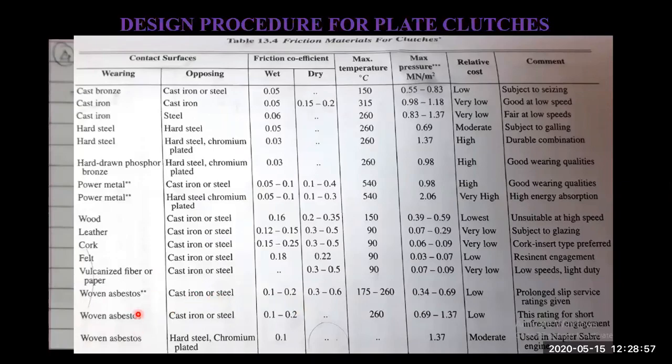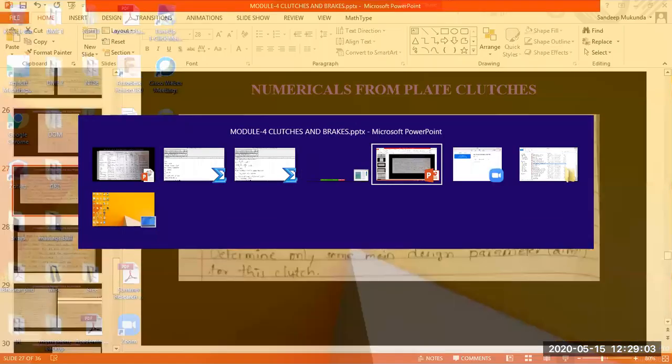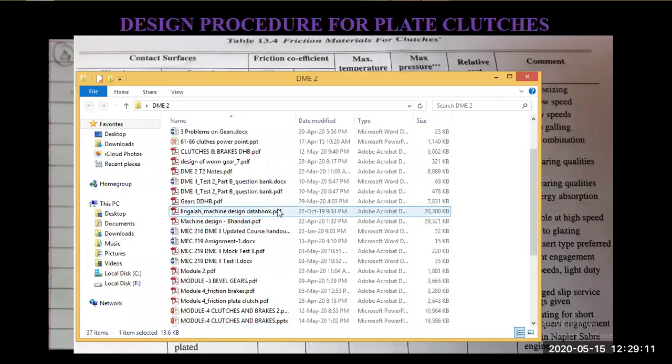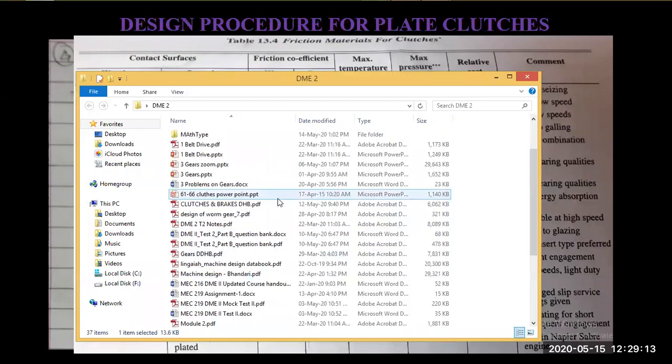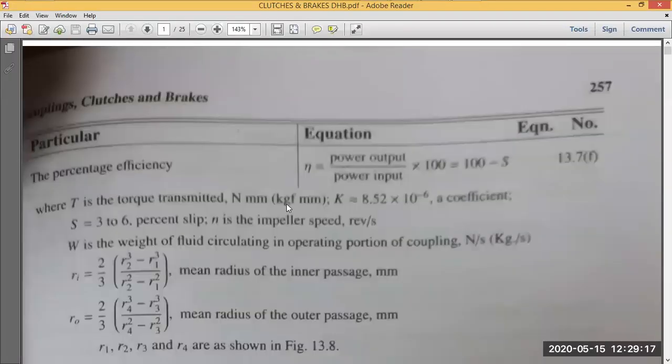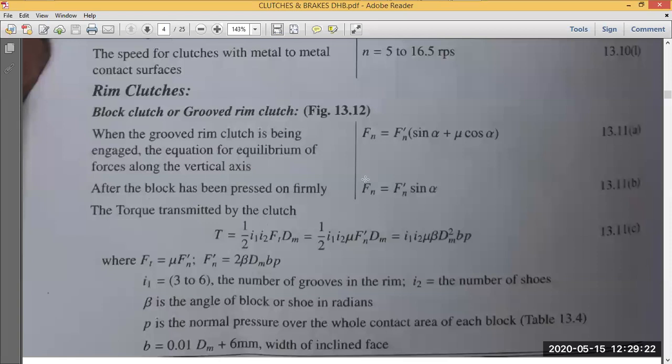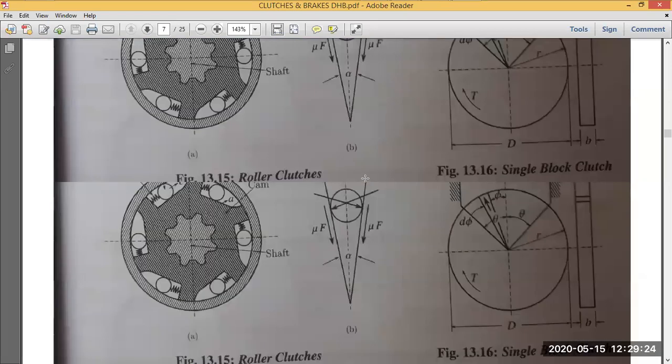We can choose between these two. Let me check if this is the only part. This is the data handbook which is there in the edit. You just download this.